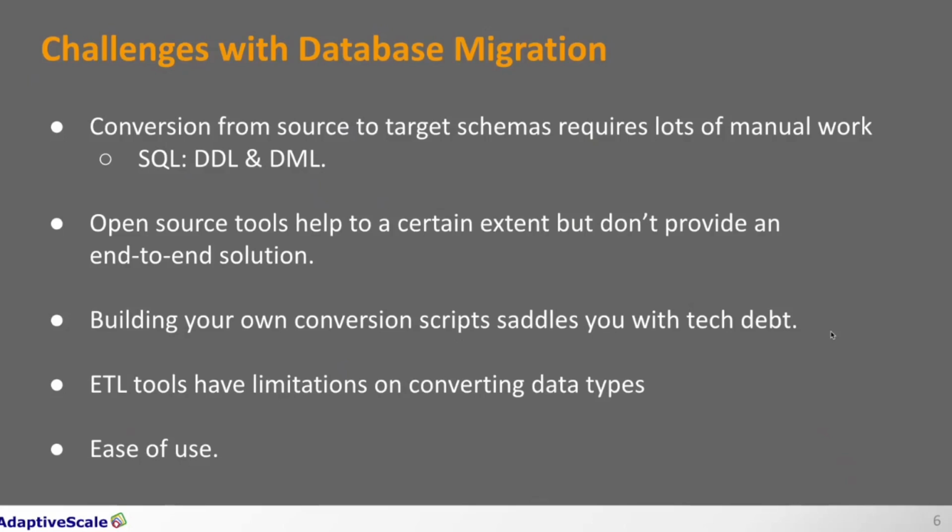On the other hand, there is a vast number of ETL tools, either open source or commercial, which have limitations in doing this database migration. One of their main challenges is that they do not focus on the data types from the source and mapping them to the right data types in the target.